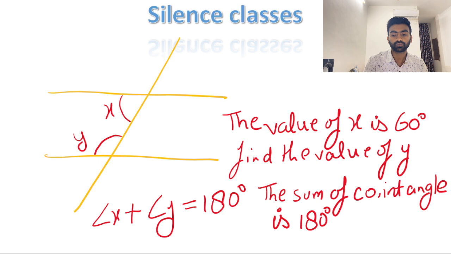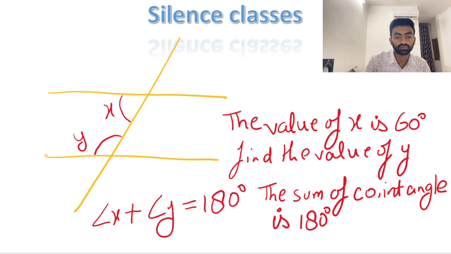The sum of co-interior angle is 180 degree. Angle x and angle y are co-interior angles because they are present at the same side of the transversal and inside the lines. So it is known as co-interior angle, and the sum of co-interior angle is 180 degrees.